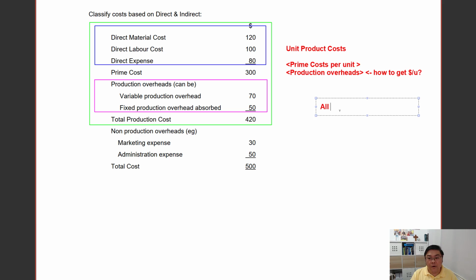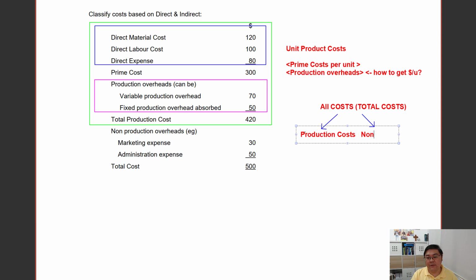All the costs that we have in the business can be classified into production costs and non-production costs. How do you treat production costs? We've just explained.